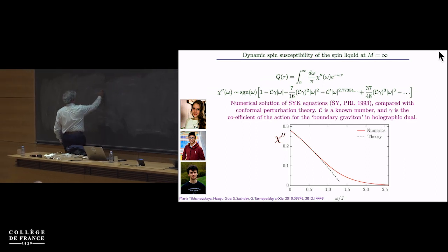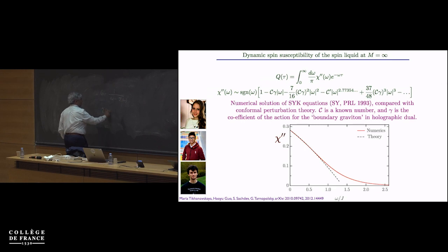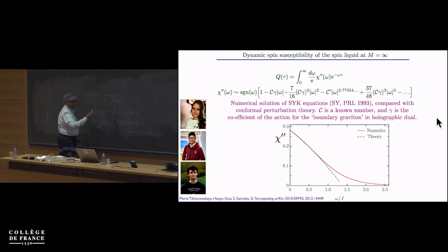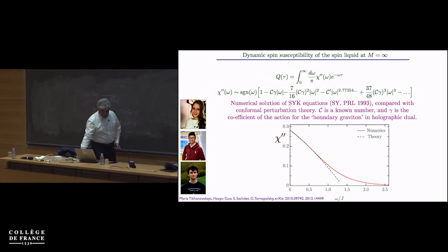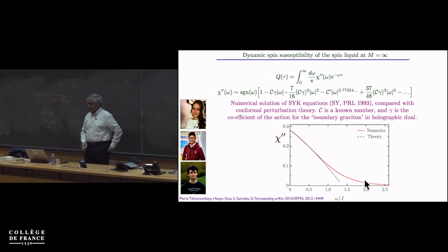So you have G is 1 over i omega minus sigma of omega, and sigma of tau is minus J squared G squared of tau, G of minus tau, and chi of tau is G of tau, G of minus tau. So these are equations you put on a computer and you solve to high precision. Take a Fourier transform, and you get the red line shown here.